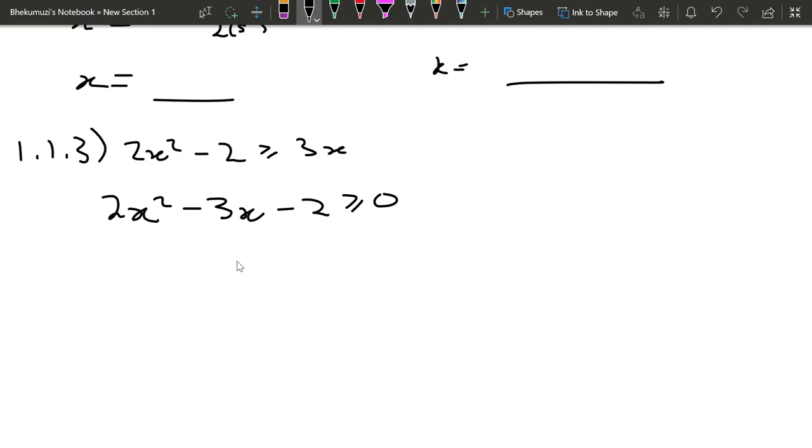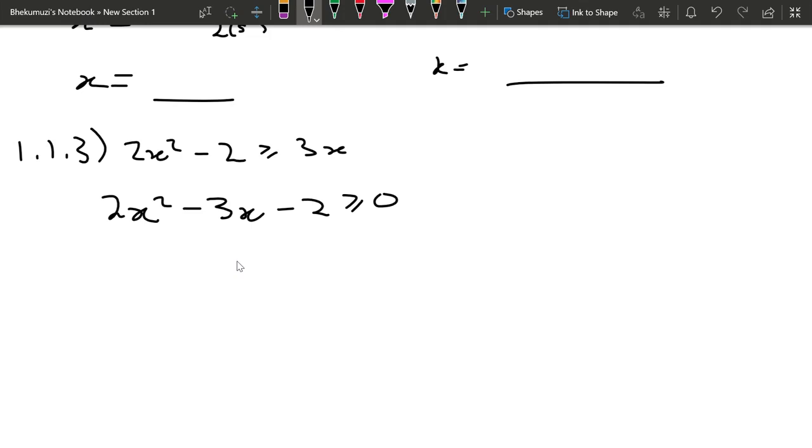But now the issue is, you need to find what would be the critical values. Now, the critical values of an inequality is basically you solving for x, right? So you have a quadratic in this case, and how would we solve a quadratic? We try to find the factors.